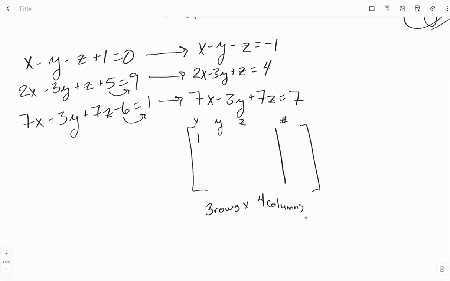So we have 1x minus 1y minus 1z is equal to -1. So there's my first line. Second line would be 2, -3, 1, 4. And then 7, -3, 7, 7. It's just literally those coefficients. The important thing is to make sure the x's are lined up, the y's are lined up, and the z's are lined up.